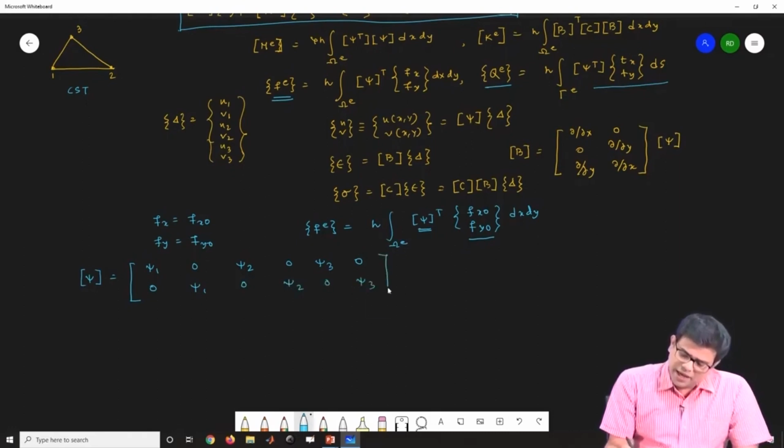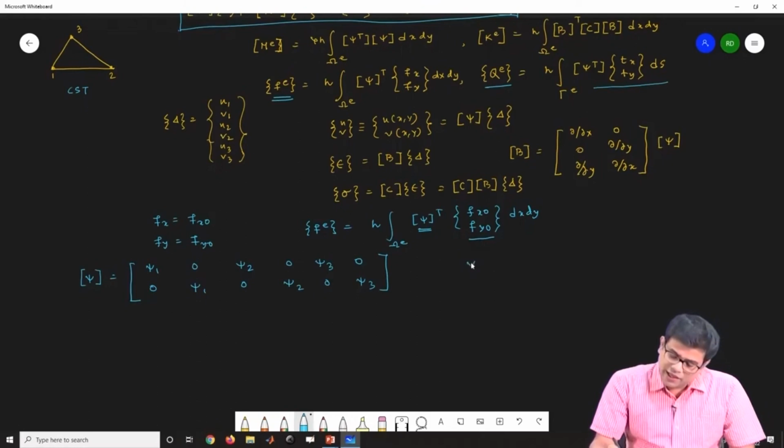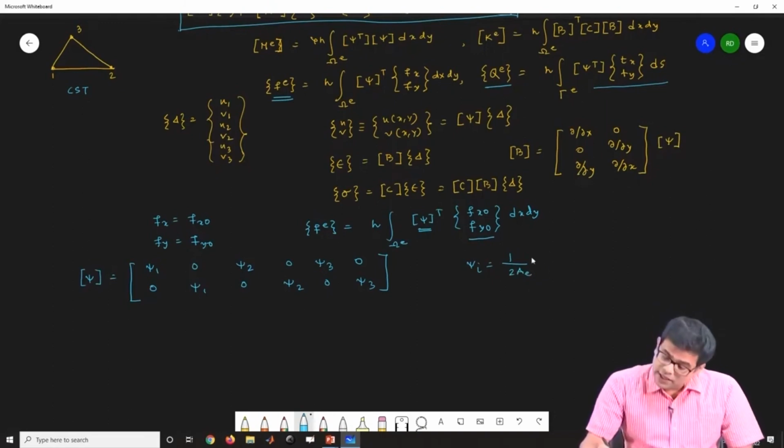So this is my psi matrix, and psi I is represented as 1 by 2a e, where a is the area of the element, times alpha I plus beta I x plus gamma I y.